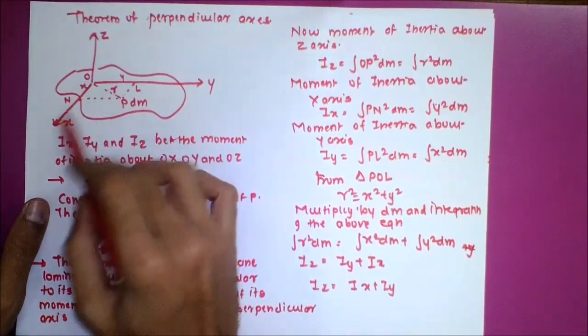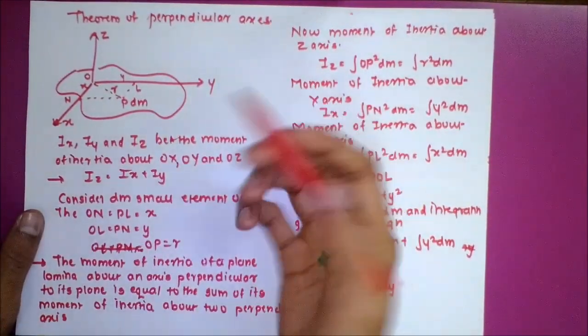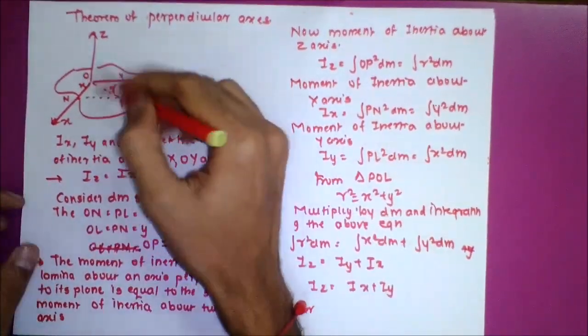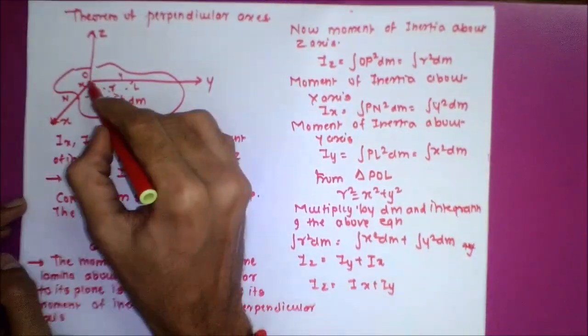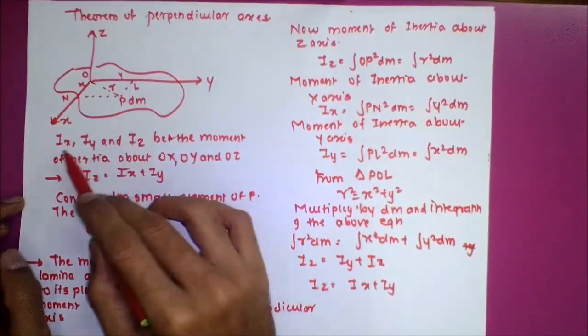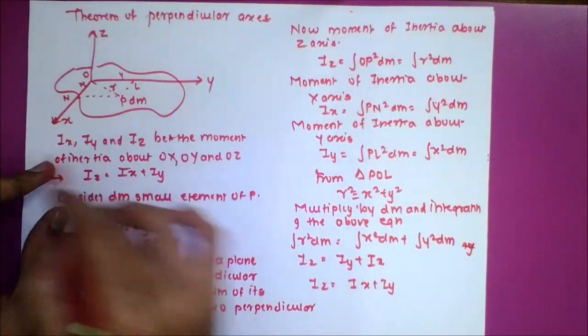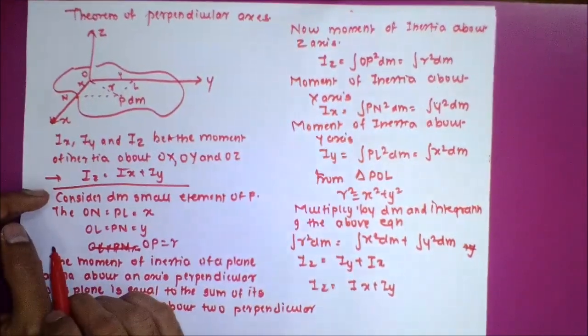Here OX and OY are the two mutually perpendicular axes on the plane, and then we have OZ, which is the axis perpendicular to the plane through the point O, that is your origin. Now we have Ix, Iy and Iz as the moments of inertia about OX, OY and OZ respectively. So what we need to prove is Iz is equal to Ix plus Iy.